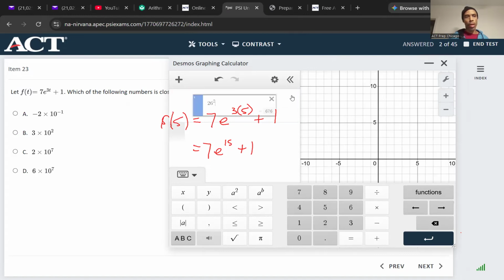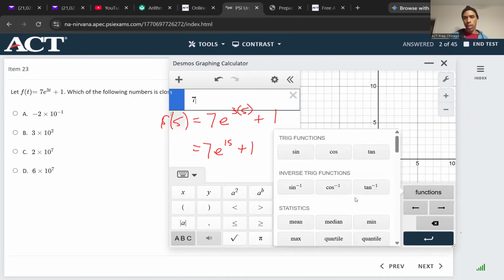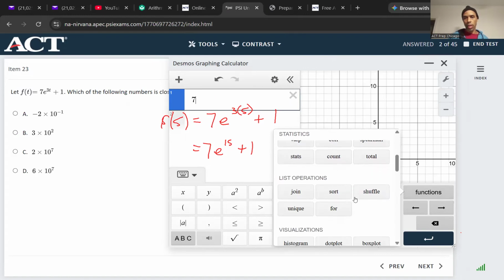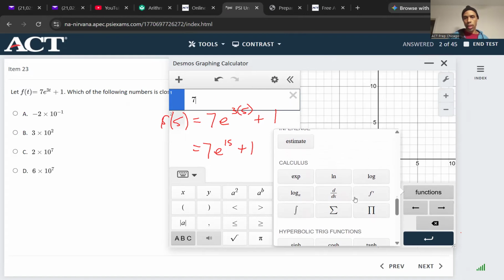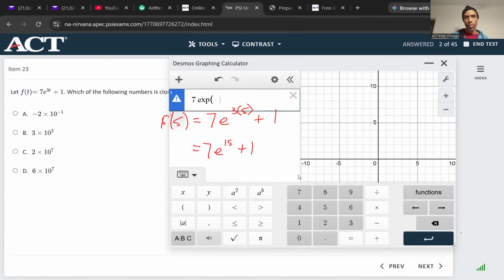I'm going to try with my calculator. I'm going to do it too. So you got 7. Let's do exponential, because that's the opposite of logarithm. So it's in the right spot. E exponential to the what? Let's do 15 plus 1.